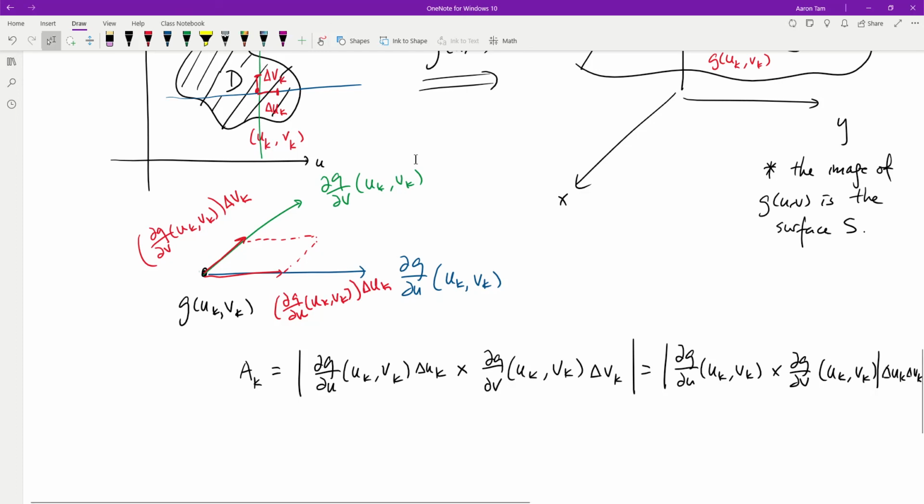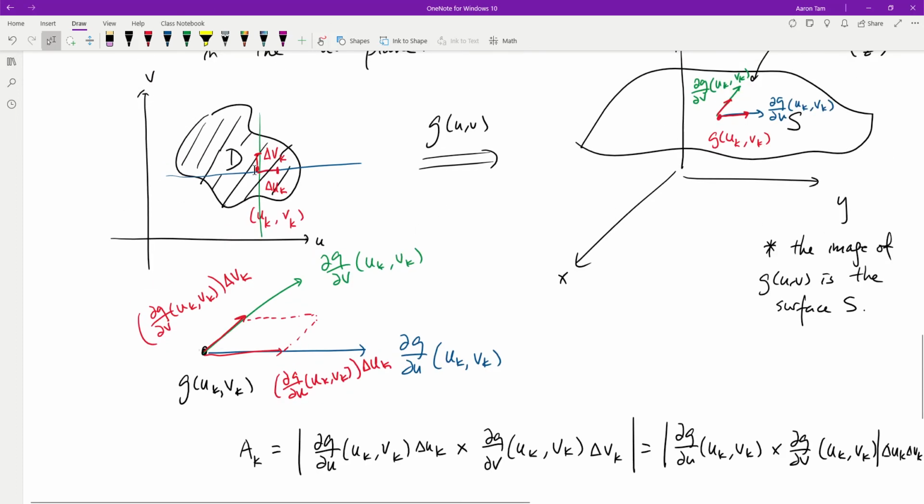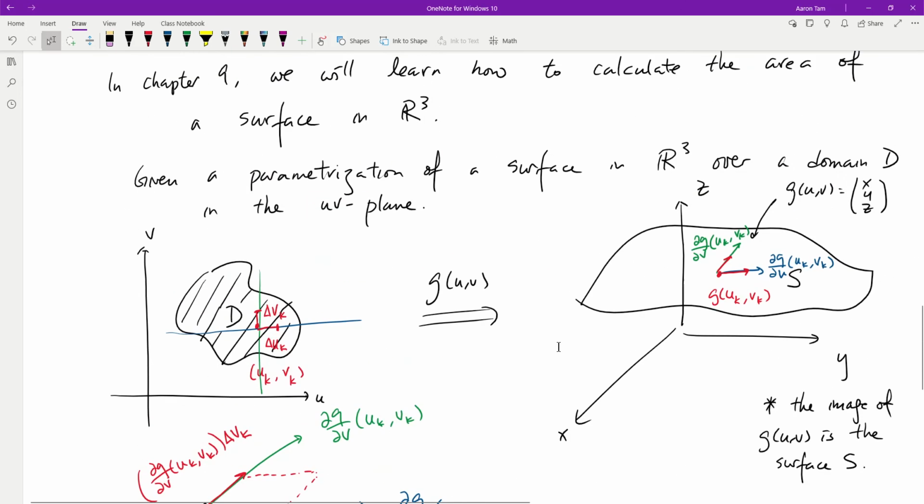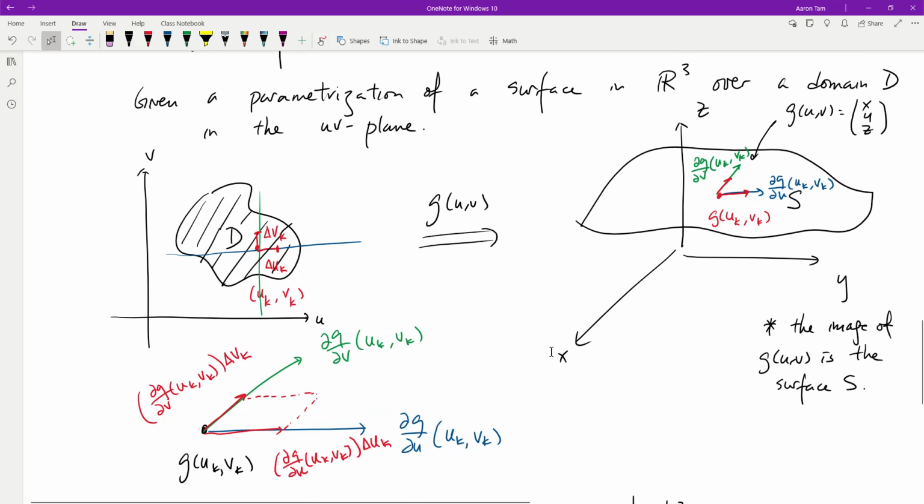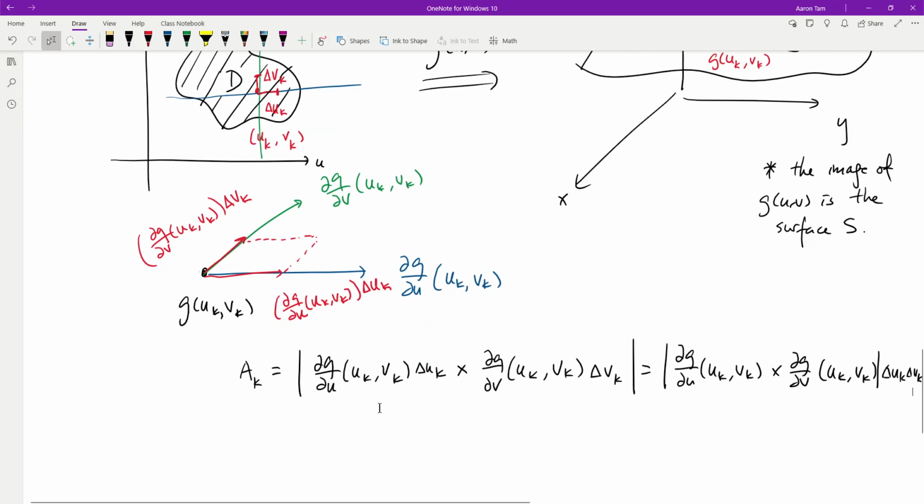So imagine I start putting in a lot of different points, and for each one I draw a little parallelogram like this, trying to do it in such a way that they don't overlap each other. I would be able to approximate this surface area by using a whole bunch of these parallelograms.